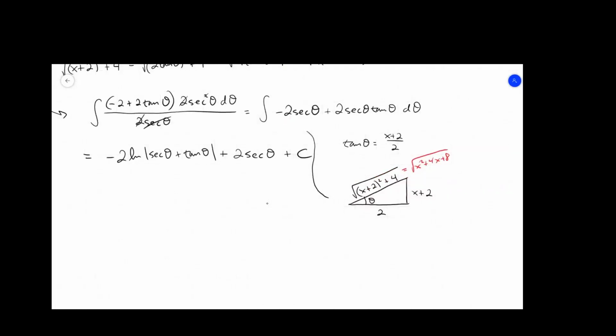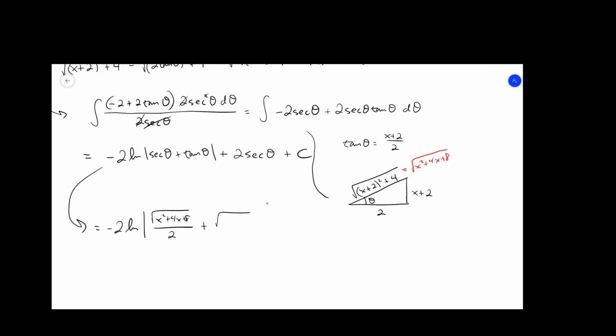Okay, so now the last step is just to plug everything in, right? So this is equal to minus 2 ln secant theta. Secant again is defined to be hypotenuse over adjacent. So we're going to get the square root of x squared plus 4x plus 8 over adjacent 2, plus tangent.